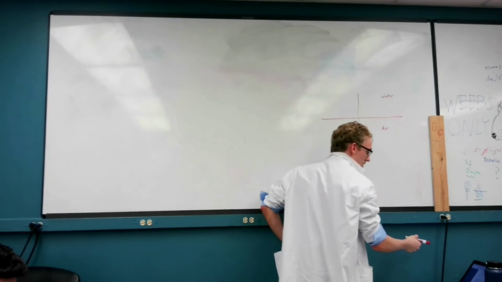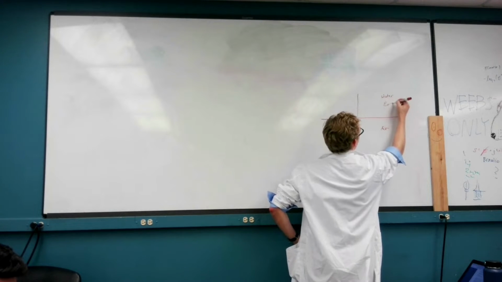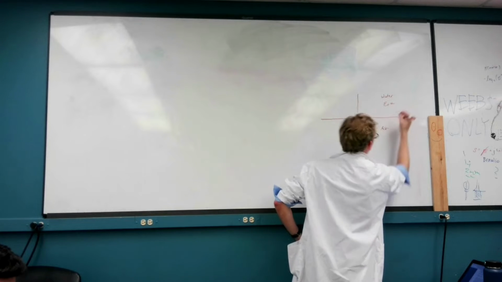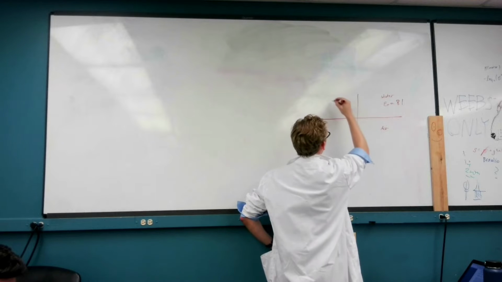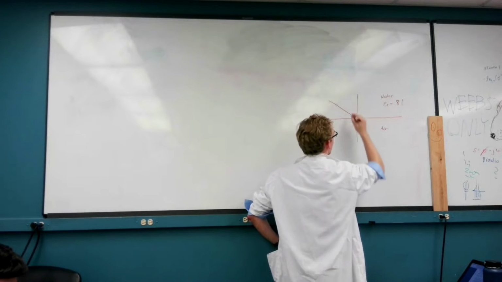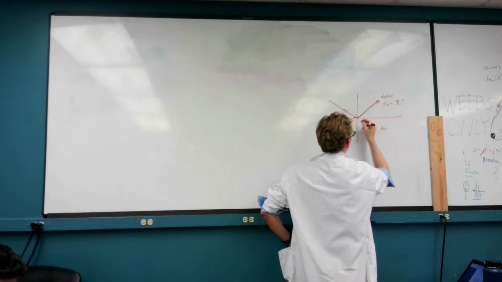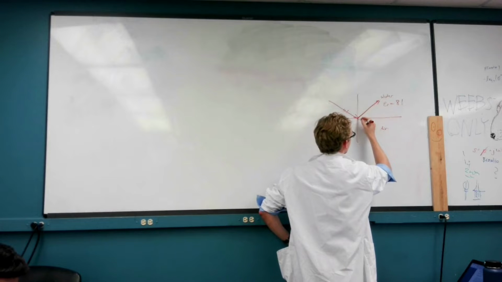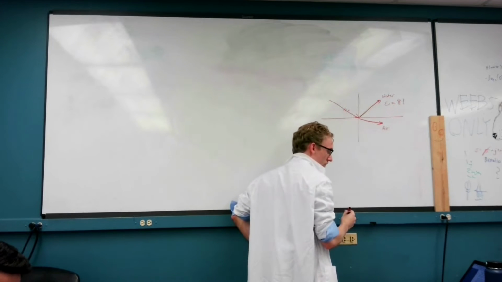And we're given that the relative permittivity of water is 81. So we have some incoming plane wave, and it has some reflection and some transmission.